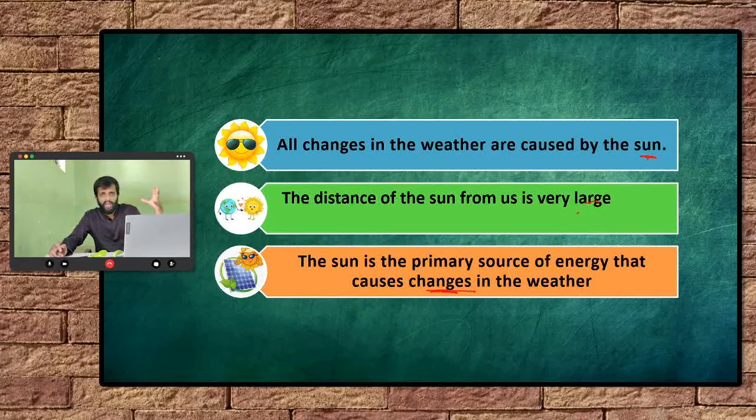When the sun is slightly closer to the earth, that's the time you will start experiencing summer seasons. Since the earth rotates and this particular place is away from the sun, you experience maybe winter season. So the change is experienced only because of the sun, because the distance from the sun and the earth drives the entire change.